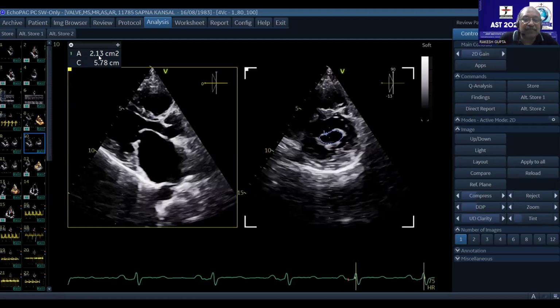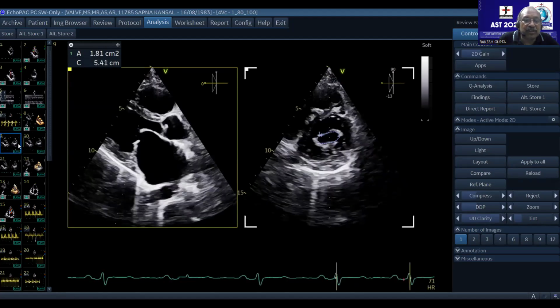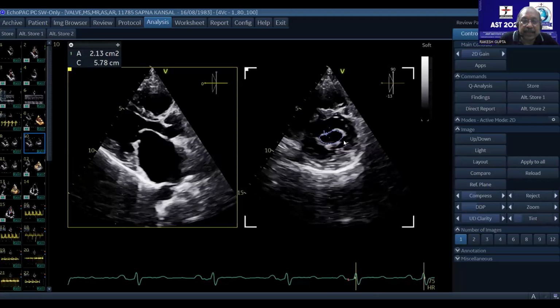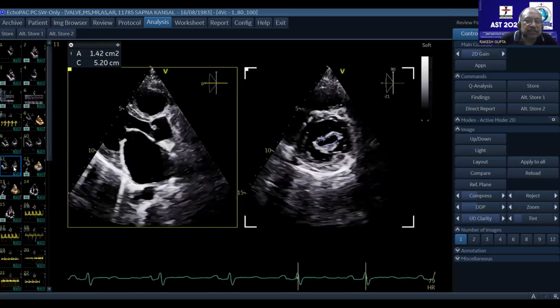You look at the area, 1.8 versus 2.31. And this is what is more important. We have to spend more time in calculating. I'm sure more must be there. Yeah, now look, we are almost at the tip of the mitral valve leaflets. And the calculated area is 1.42. Remember this area? Remember the leaflet cusp separation. That was 0.9 centimeter.